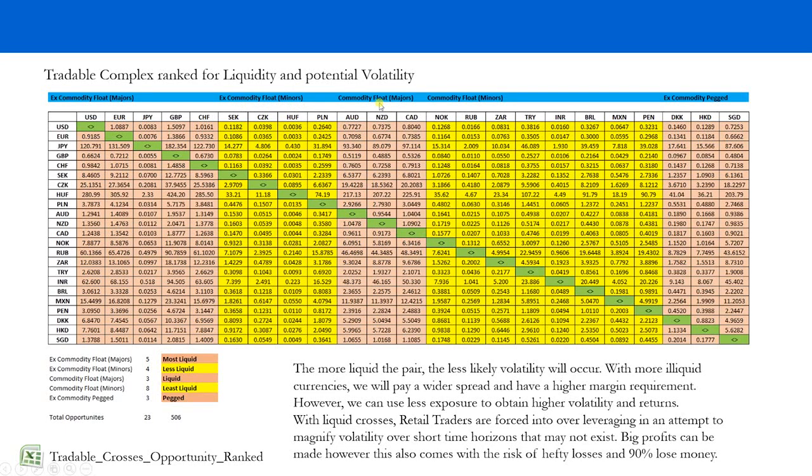We also then split up by commodity float, commodity float majors and commodity float minors. So the commodity float majors, majors as considered by retail brokers, are floating regimes, and the value of the currency depends very heavily on the prices of one or two international commodities.